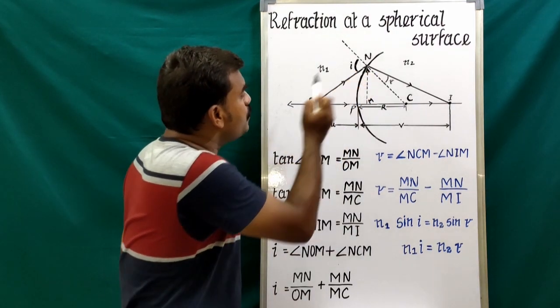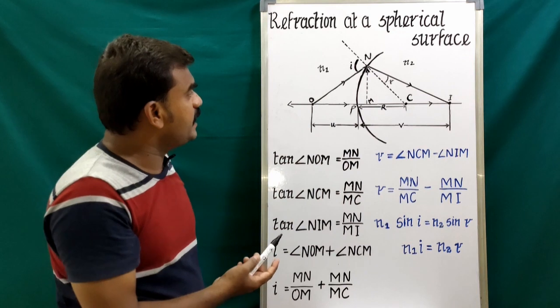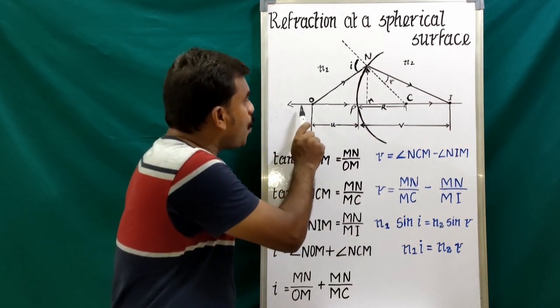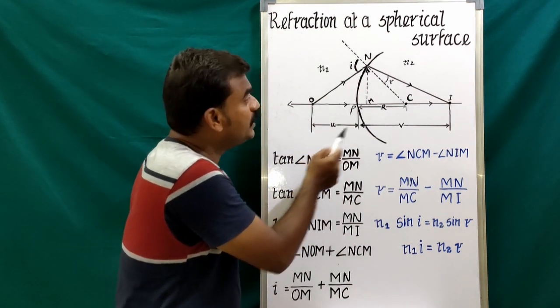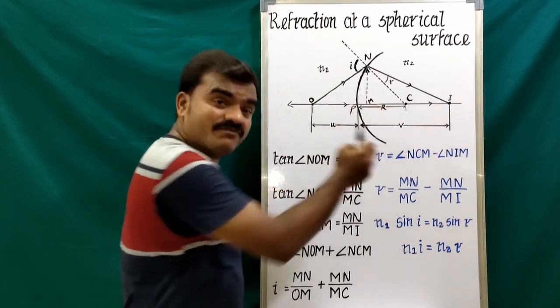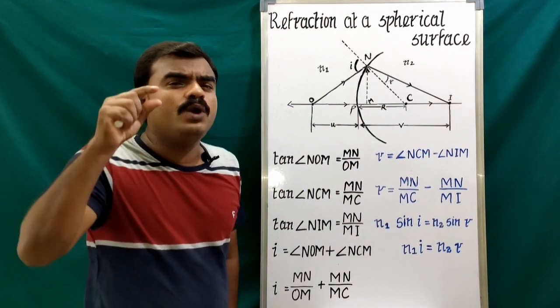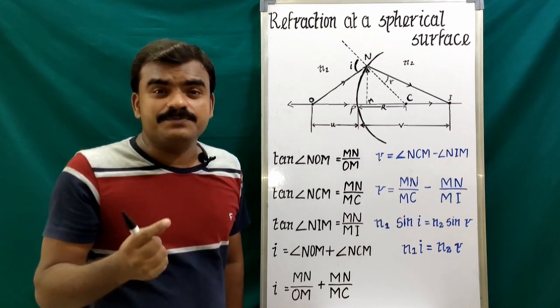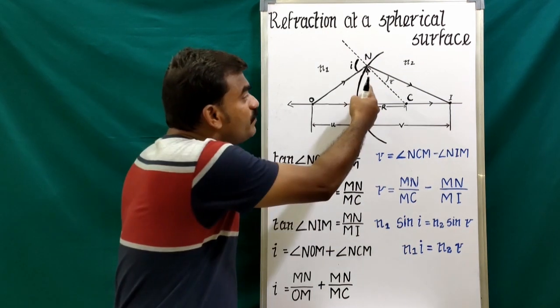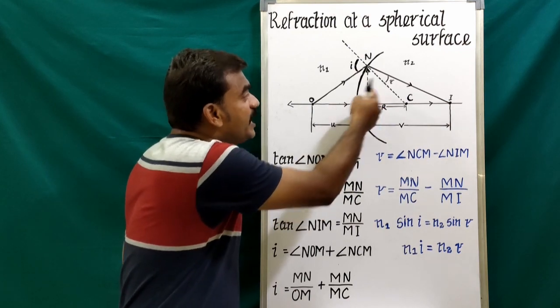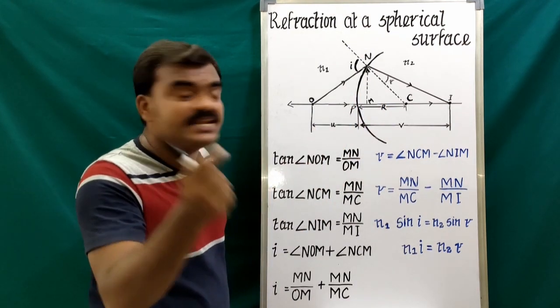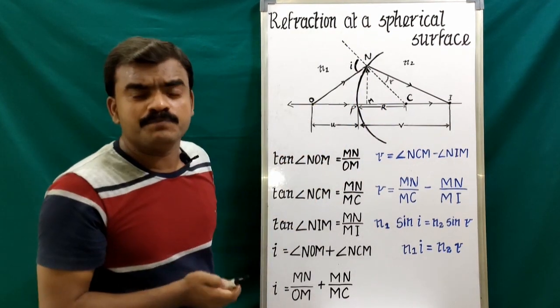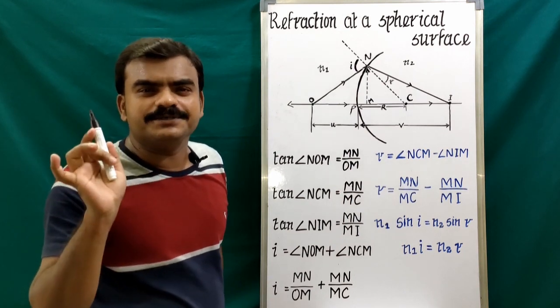In triangle NOM, we have side values OM, that is U, and NM. We have a value because we have taken only a small part, maybe 1 millimeter or 1 centimeter. Anyway, we have a value. So we have the side values of this triangle, so we can easily find out this angle. Now you can raise one question.